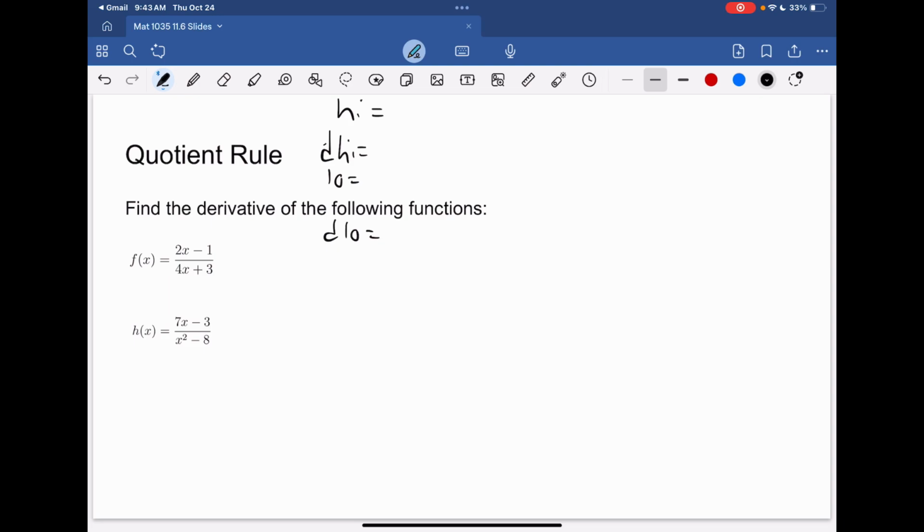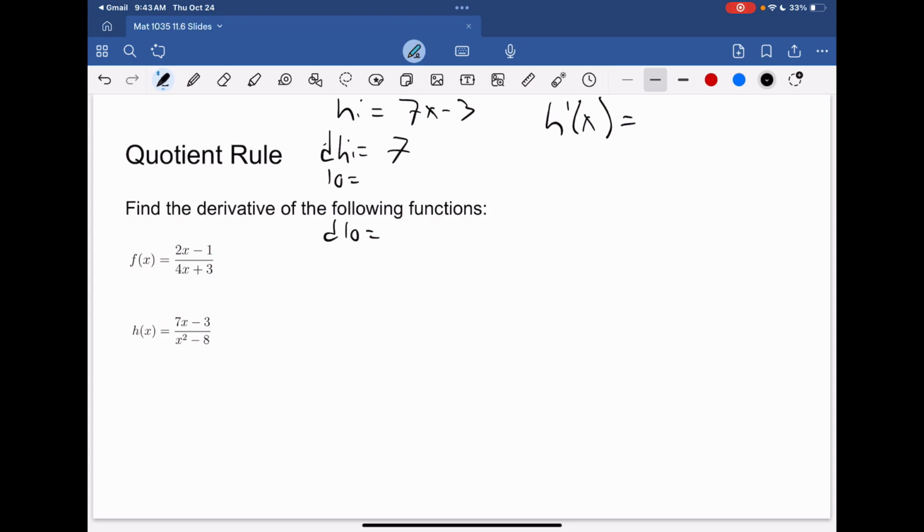All right, so I'm assuming you paused the video, and so let's figure out what our derivative is. It does look a little different because we have an x squared now, as opposed to just a plain x, or some kind of first power of x. So my high is 7x minus 3. My d high then is 7, because the derivative of 7x is 7.